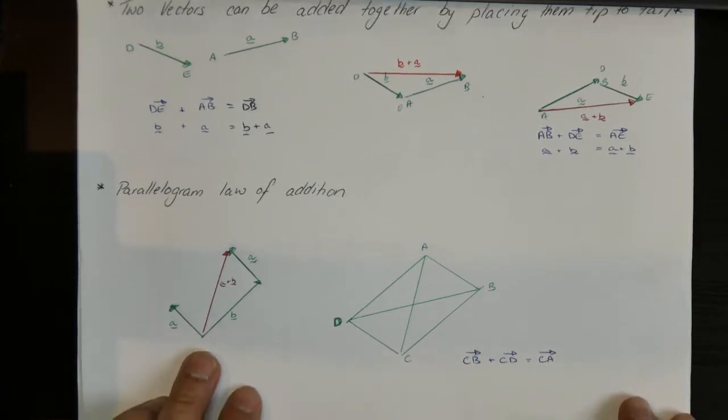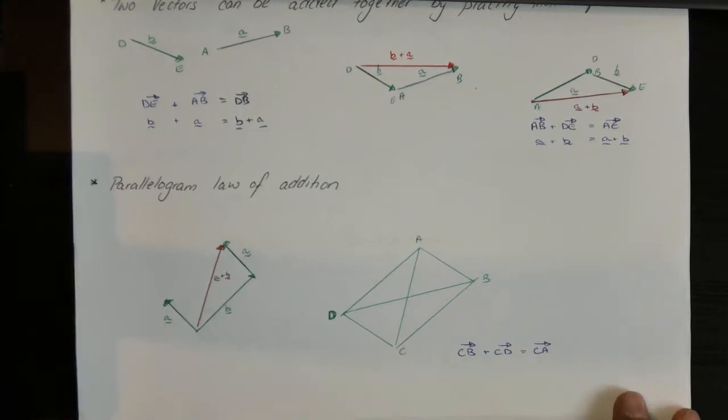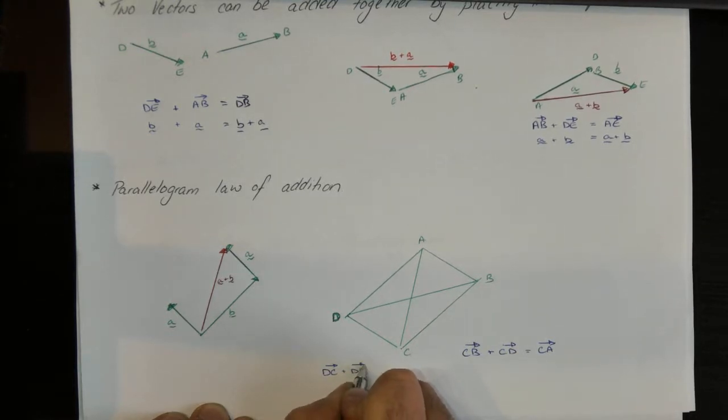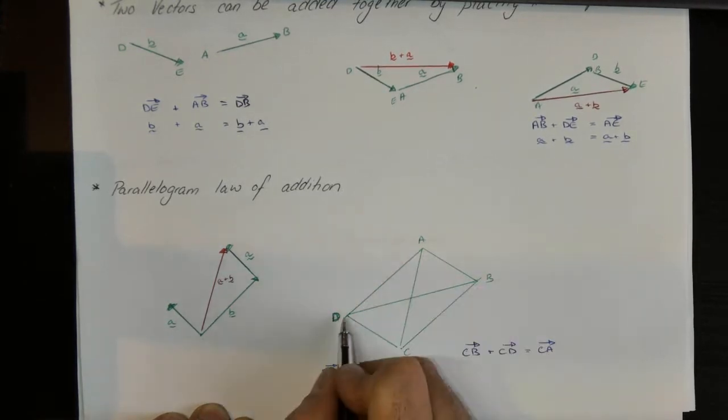Okay, and that's an important one to know. The same thing would happen here. I could have the vector DC plus DA, and if I had that, the vector actually would be DB.